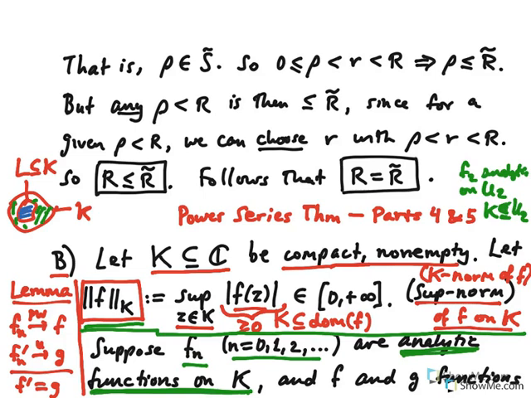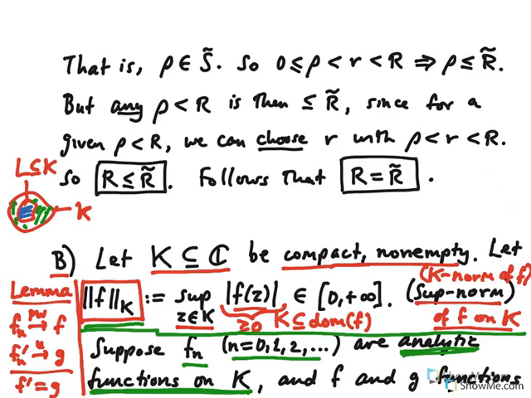Now, let's also notice that this also implies that the first derivatives of those functions are also analytic on K. Let me just explain why briefly. So we know that f sub n is analytic on this region u sub n, which contains K, capital K. That just means that fn prime exists on u sub n.